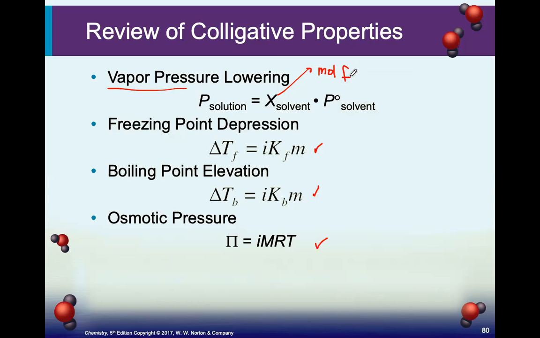So when you have a pure solvent, the vapor pressure is going to be this one. When you add the solute that you don't know, you're going to decrease it. So you're going to measure the pressure of the solution, and that will give you the mole fraction. Once you have the mole fraction, then you can calculate the molar mass.